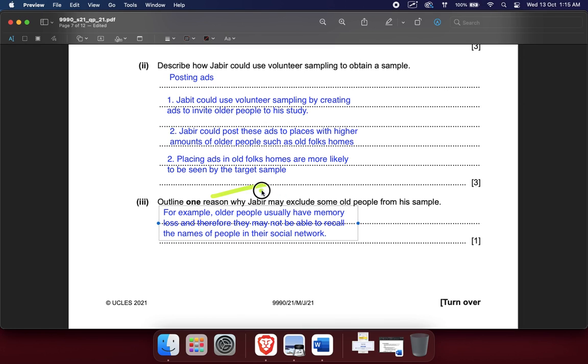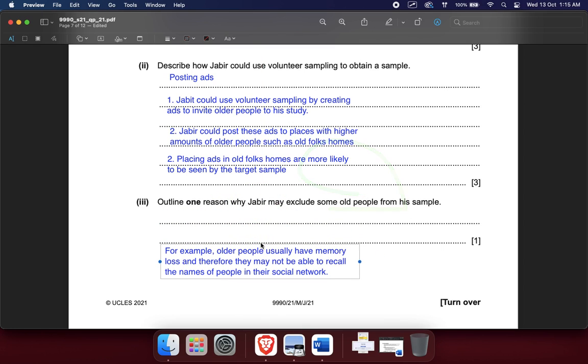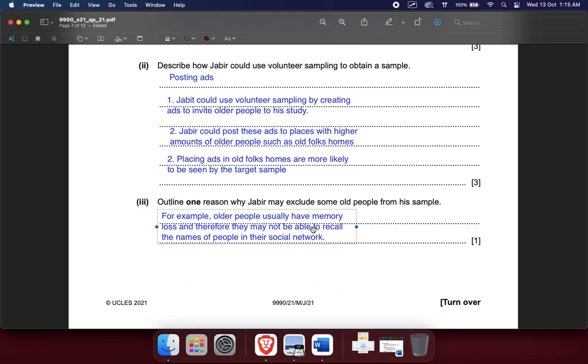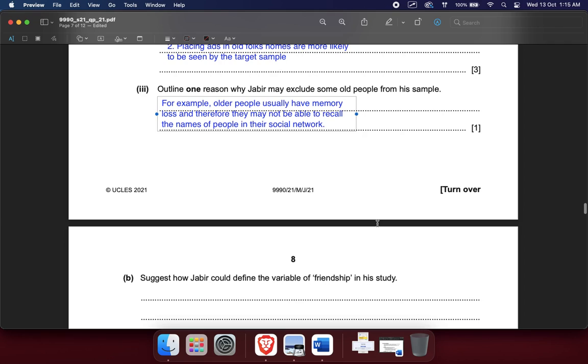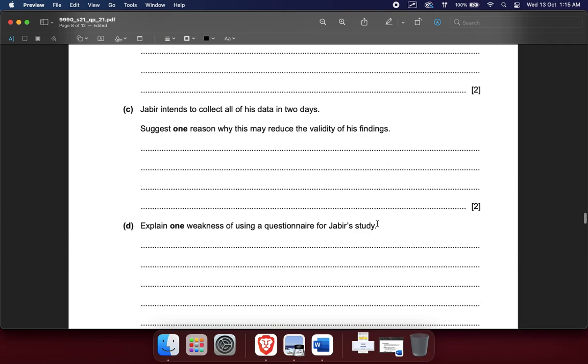One reason why Jabir may exclude some of the old people is simply because older people usually have some kind of memory loss. Therefore, they may not be able to recall the names of people in the social network. Okay, so that could be a problem, and because of that problem, you might want to exclude older people who are really, really old and making mistakes. You don't want them to be part of the study because they probably will mess up the results.